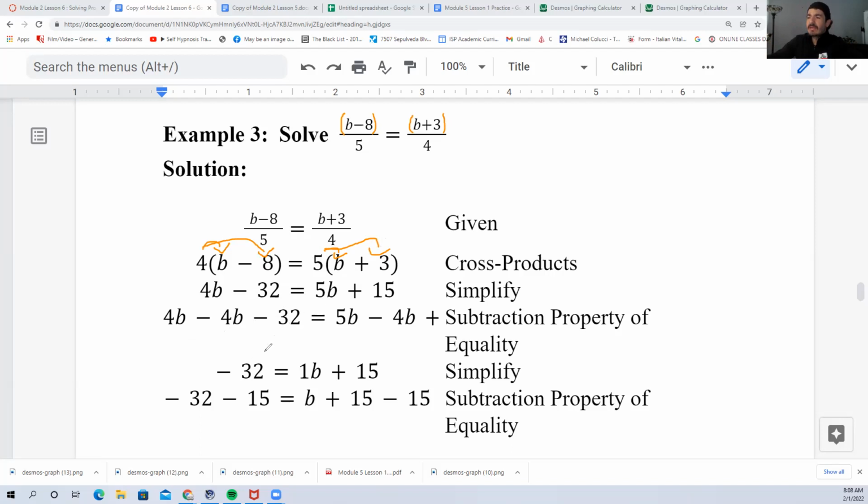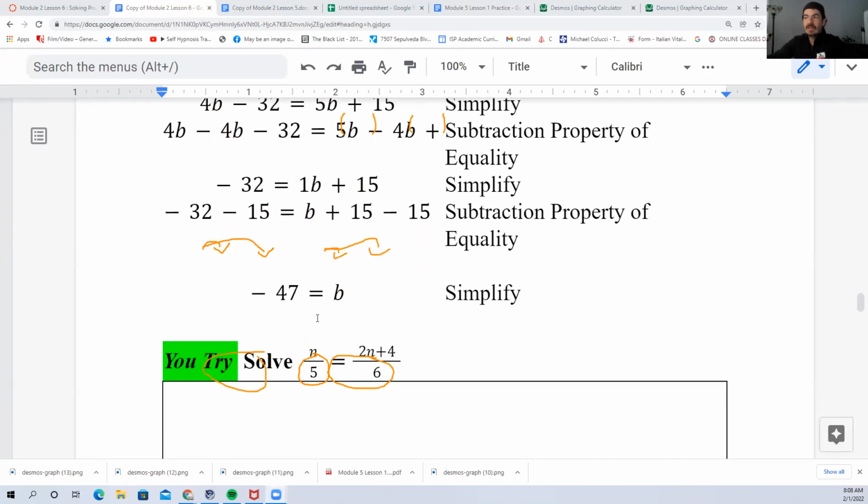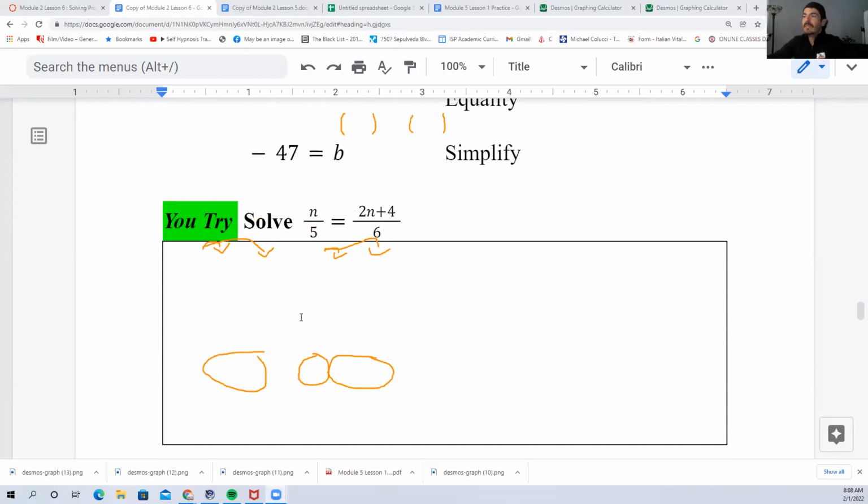That leaves them with negative 32. 5b minus 4b is 1b, which is pretty convenient. We're still left with our 15. Somehow it got deleted over here. I don't know why. They subtract 15 from both sides to get this 1b all by itself. Negative 32 minus 15 will end up with negative 47 equals b.